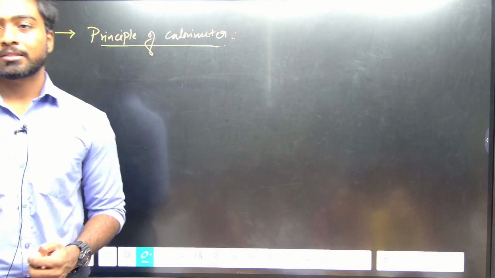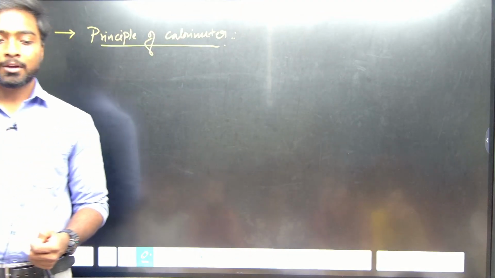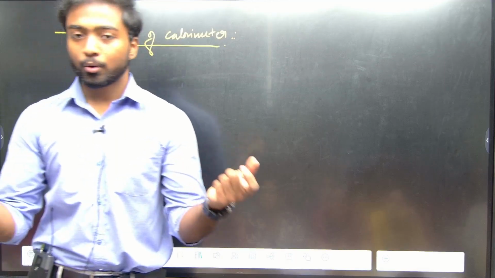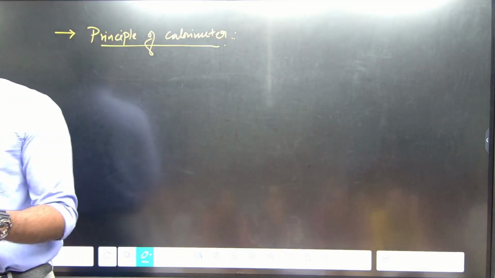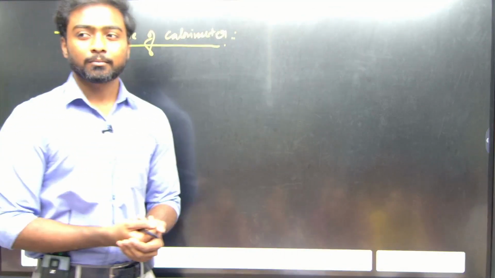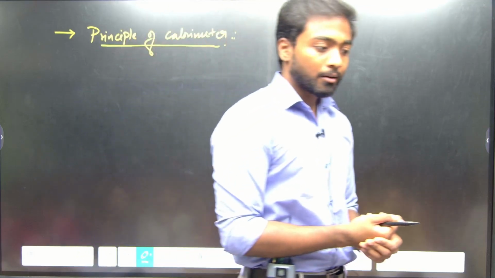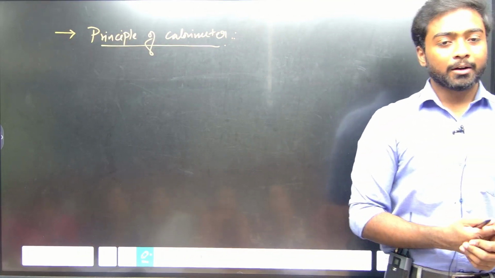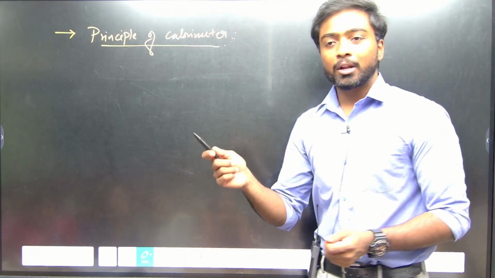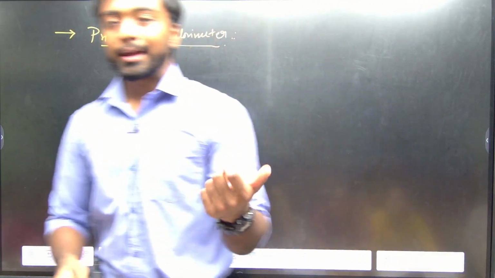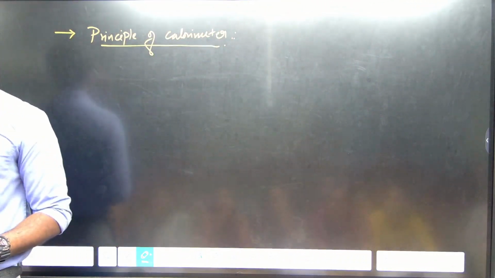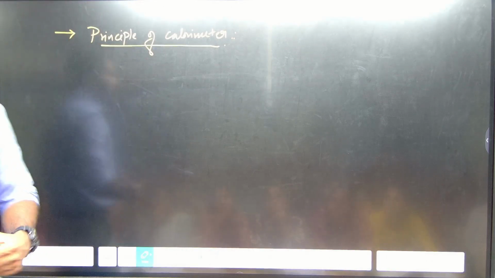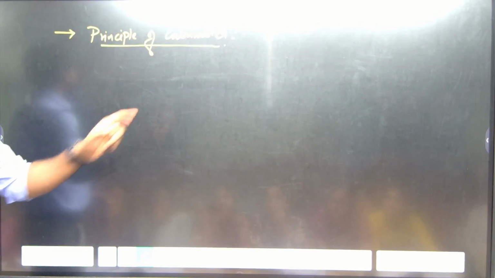Two glass tumblers are there, one is hot and one is cold. Like hot water is there and cold water is there. If I bring them together, what happens? Heat will get transferred from one body to the other body. One more point is, one body will lose heat and one body will gain heat, to attain the normal temperature. Yes or no? That is the principle we are talking about in principle of calorimeter.